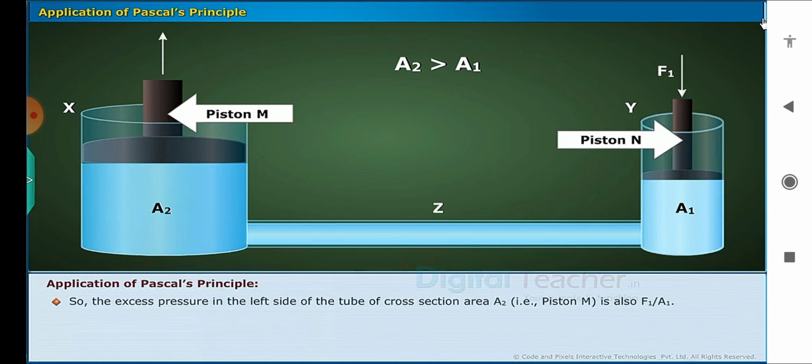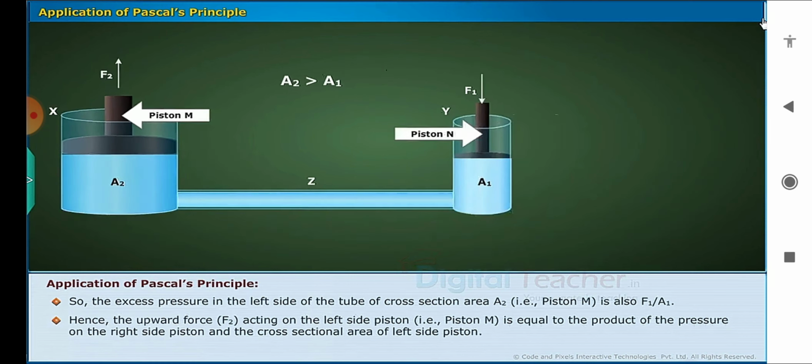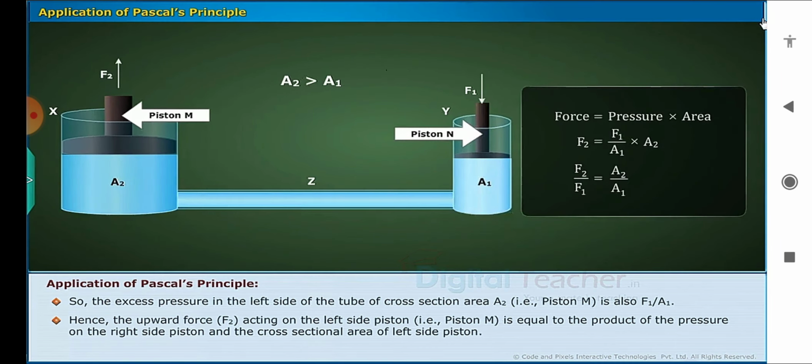So, the excess pressure on the left side of the tube of cross-section area A2, that is piston M, is also F1 by A1. Hence, the upward force F2 acting on the left side piston, that is piston M, is equal to the product of the pressure on the right side piston and the cross-sectional area of left side piston.